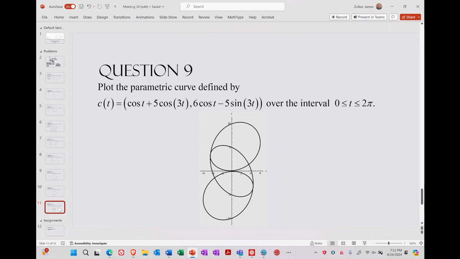Imagine traversing that path. Actually, probably not a terrible path to walk, like it's in a park or something.